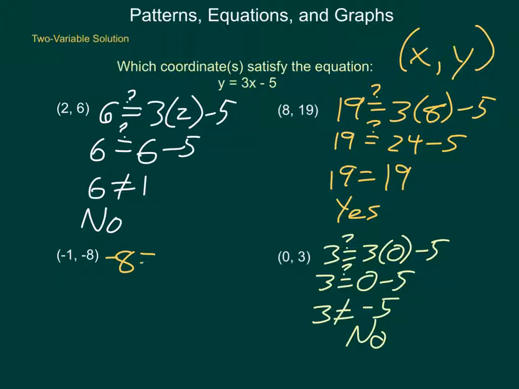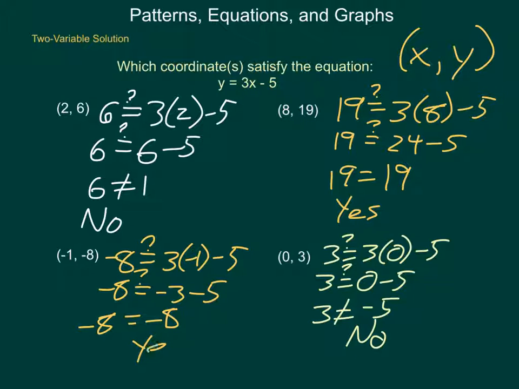We want to know, does negative 8 equal 3 times negative 1 minus 5? Well, 3 times negative 1 is negative 3. Minus 5 is, in fact, negative 8. So yes, this also is a solution to this equation.